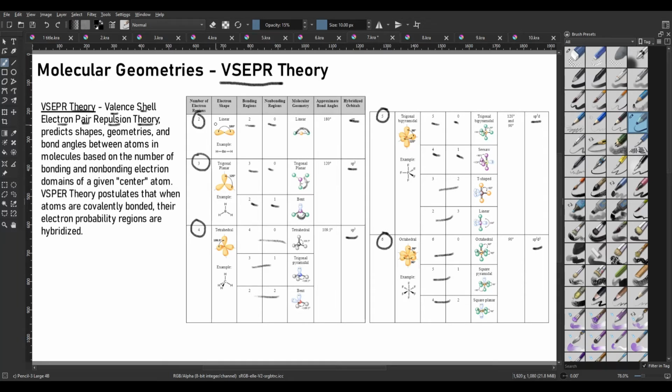If there are two electron regions, and we should probably clarify, an electron region, or domain as you sometimes hear it called, along any atom is just the area that's being bonded.